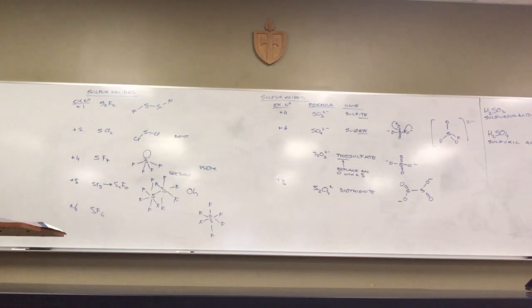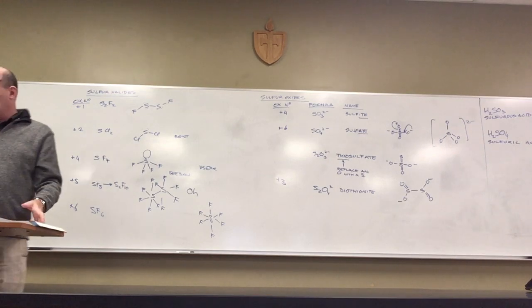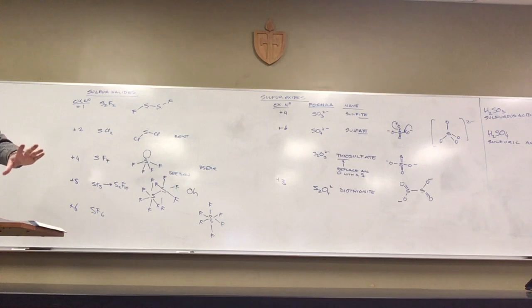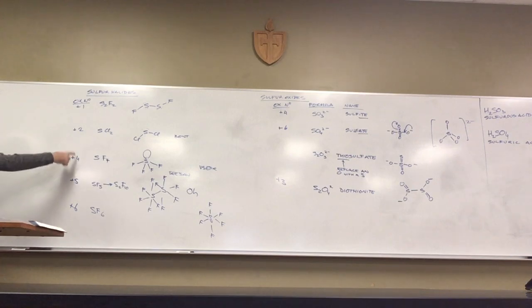Fluoride is something that you can probably count on to be a hard F minus, truly ionic, and therefore you just have to figure out how many negatives do I have, and the oxidation state of my material is the number that counterbalances that. Okay.